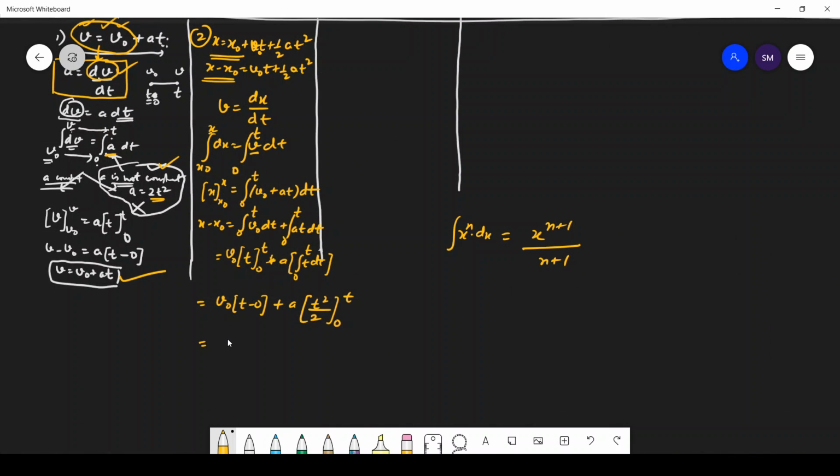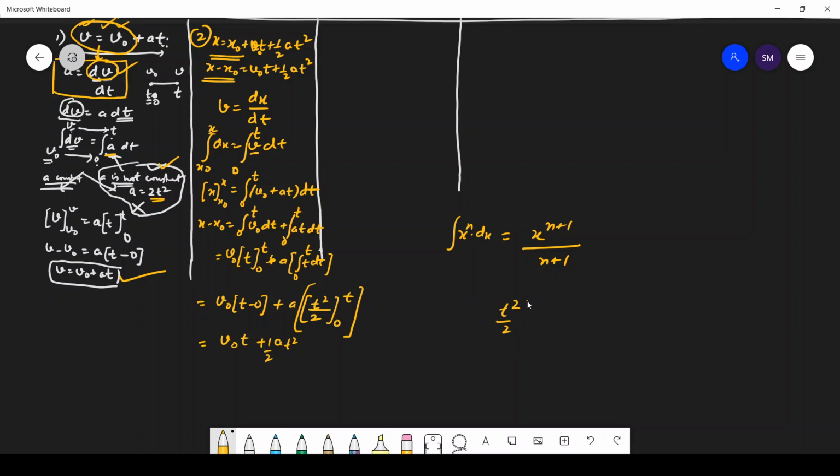And this comes out to be v naught t plus a into, put t equals t, so that's t square by 2, and put t equals 0, so 0 by 2 is 0. We need not multiply.